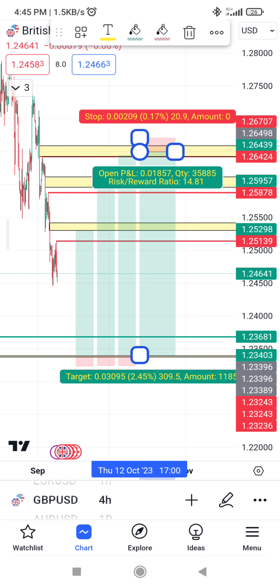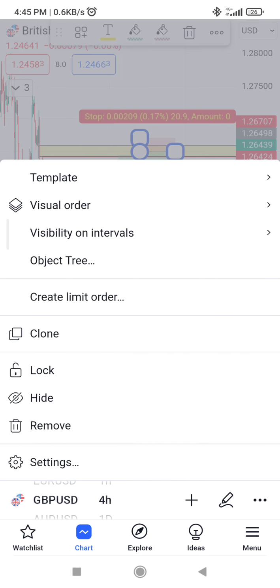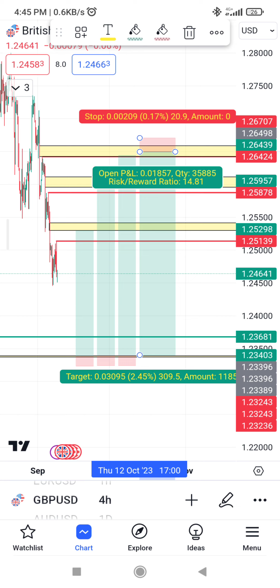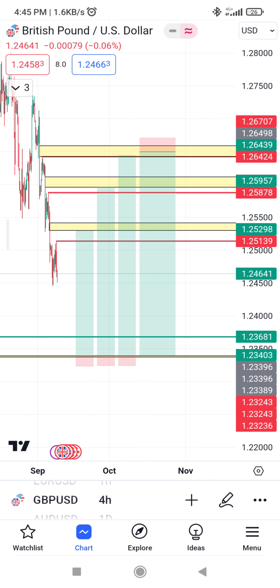So that will be about 1 to 14. What that simply means is, when they say risk what you can afford to lose, you can use $10 to make $140 if it plays according to plan.